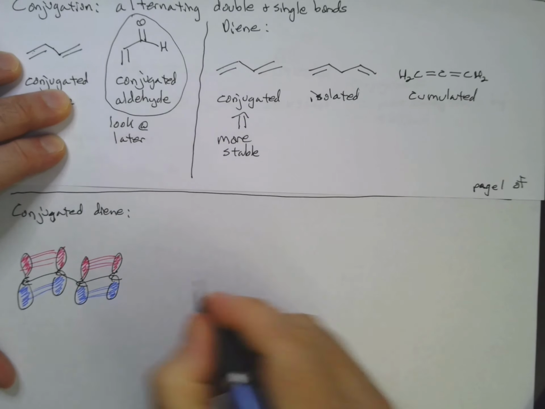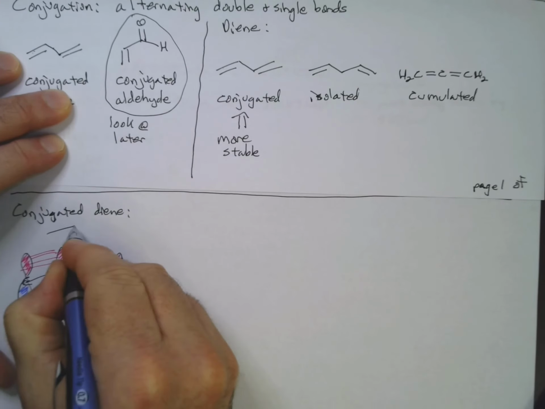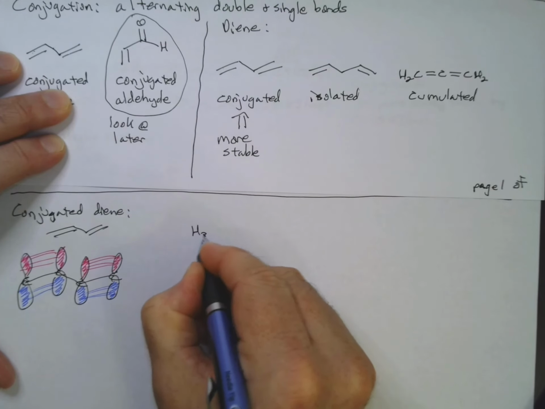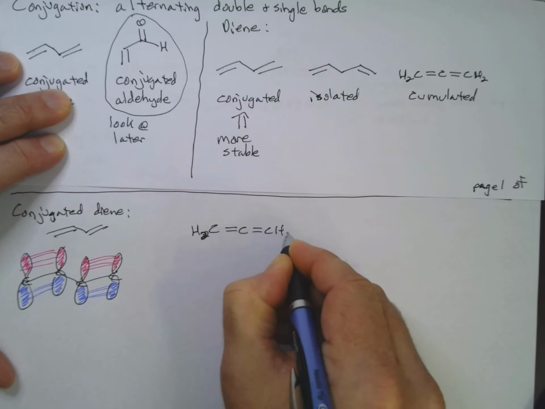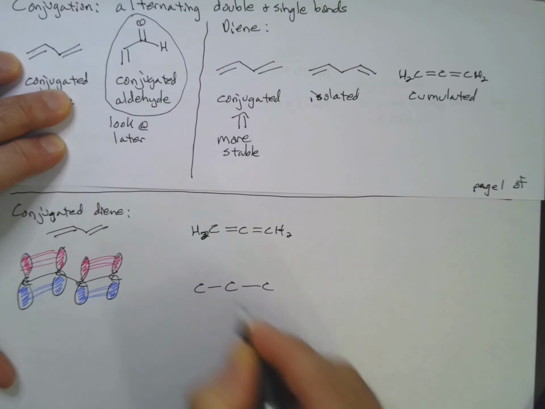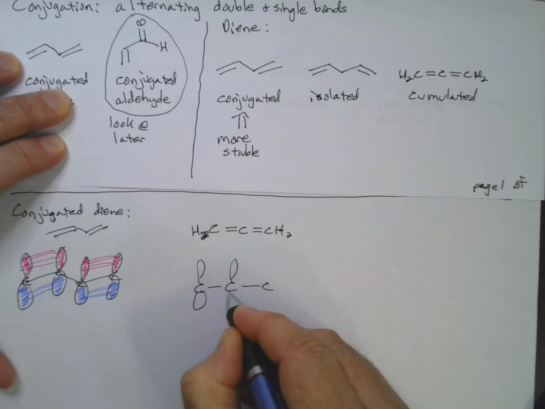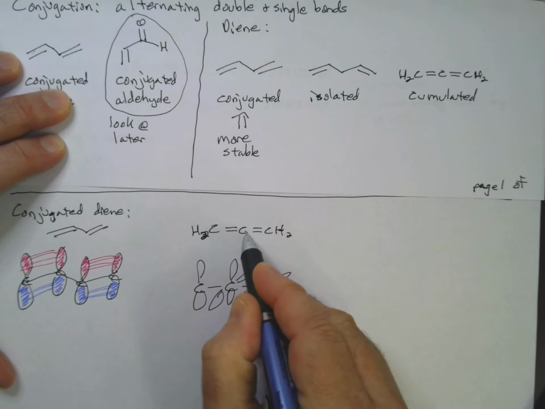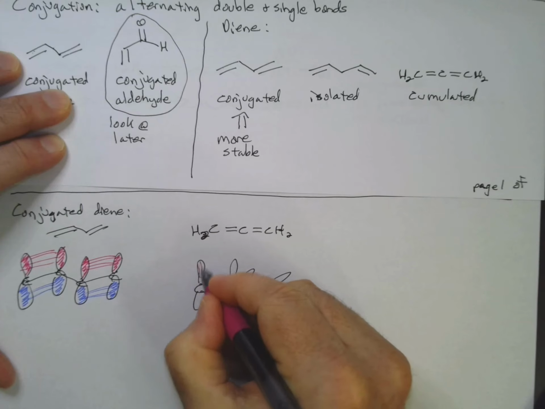And we could contrast this to, let's say, the cumulated. So I've got my carbon, carbon, carbon. I'm not showing the hydrogens, of course. Now this middle carbon is sp hybridized.